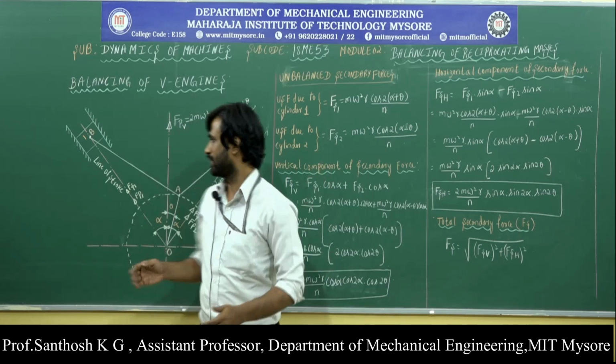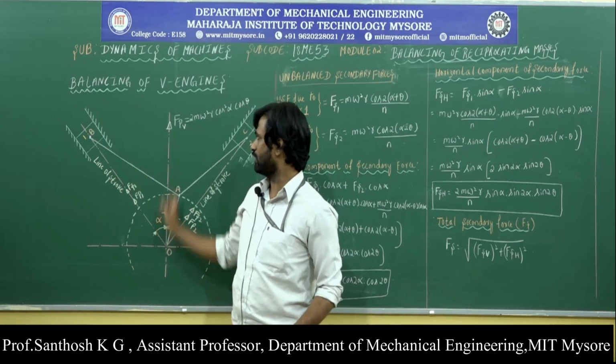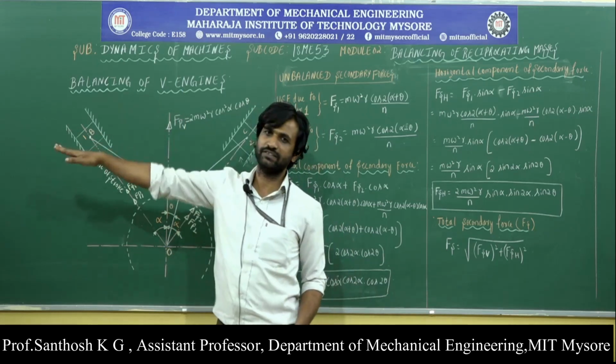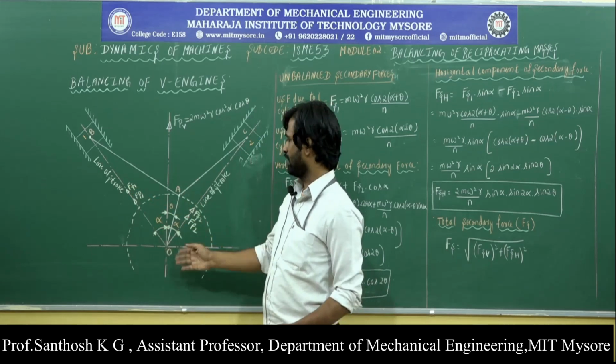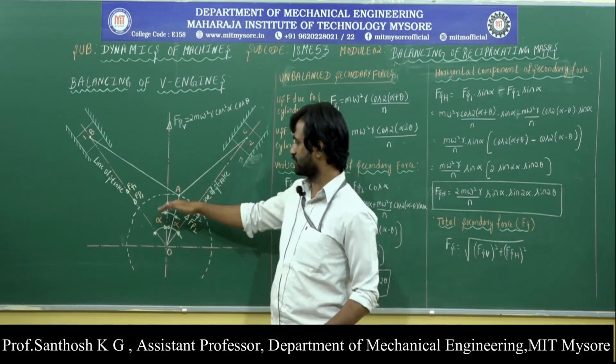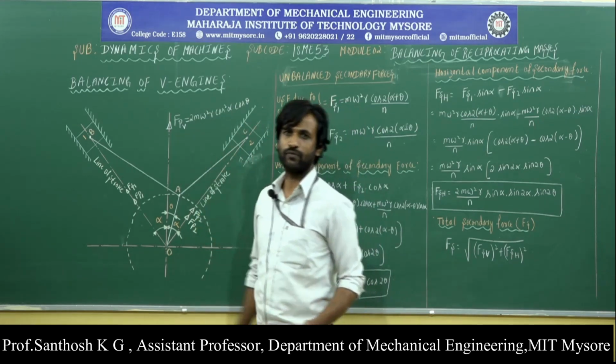Here also Fs1 acts at an angle of alpha with respect to the vertical, towards the left side of the vertical, and Fs2 also acts at an angle of alpha, but towards the right side of the vertical.